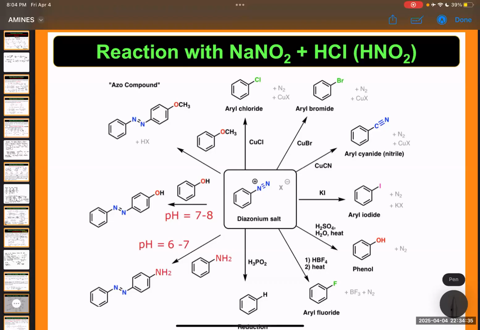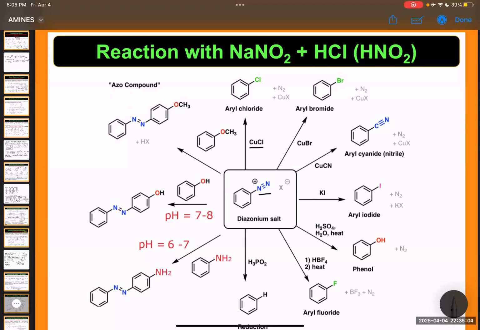We have seen this reaction in aryl halides also, where we were converting the aromatic diazonium salt into chlorobenzene. Suppose you want to get chlorobenzene, what you need to do? You need to heat it with CuCl and HCl. You will end up with chlorobenzene.